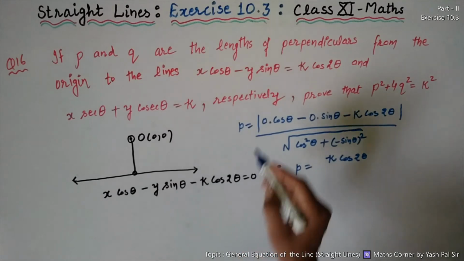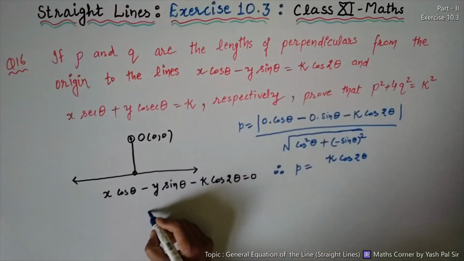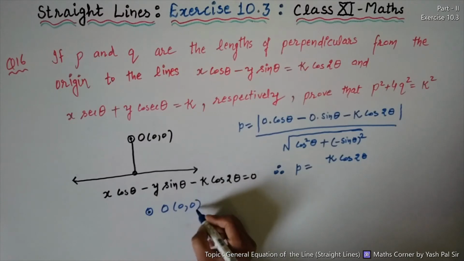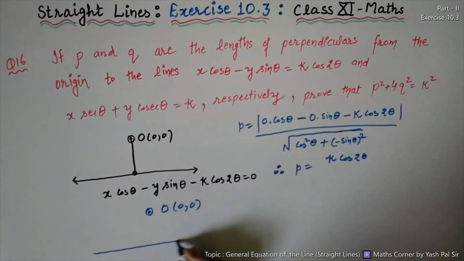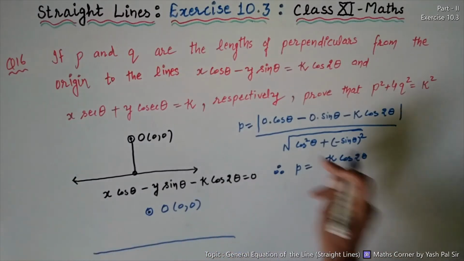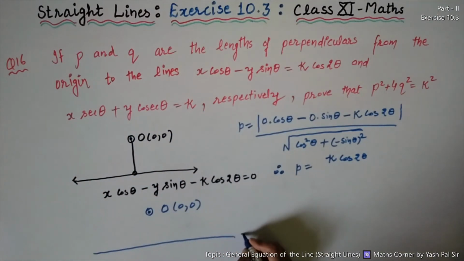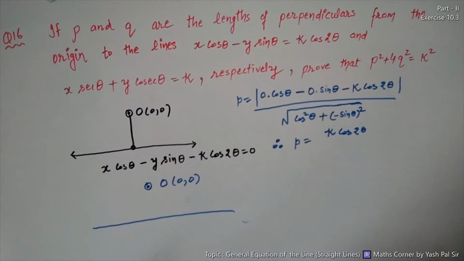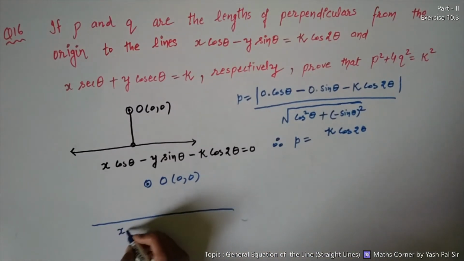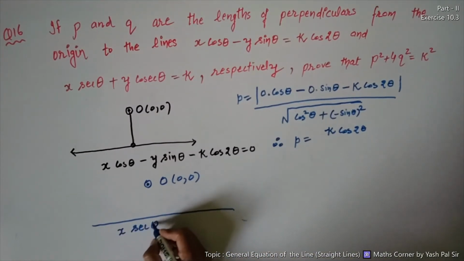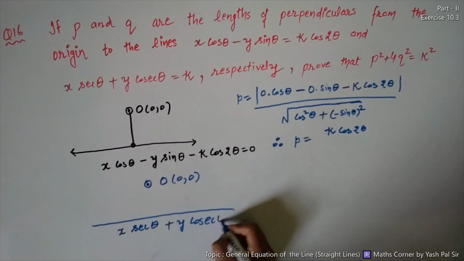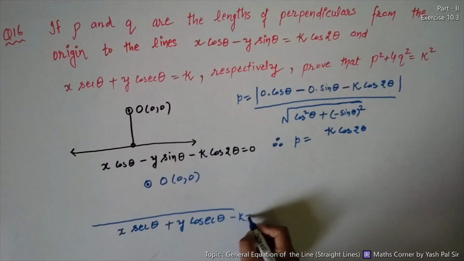Second time, the distance from the origin O 0 0 to the second line, we can write this way: x into secant theta plus y into cosecant theta minus k equal to 0.